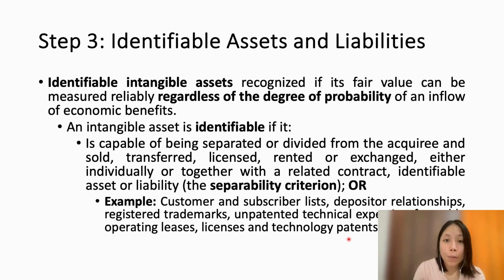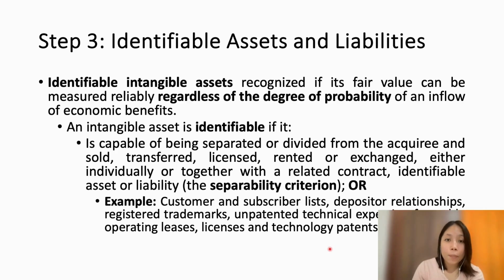Observe that under business combinations, the criteria for recognizing intangible assets is much more relaxed compared to normal accounting. Under normal accounting or outside business combinations, we don't normally recognize customer and subscriber lists and unpatented technical expertise as assets because they do not meet the probability and measurement criteria.